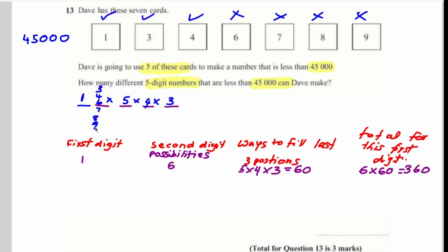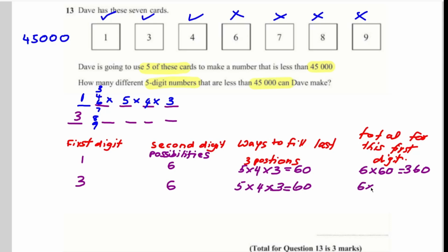Next digit, let's get the next one as 3. Same way, if I get 3, there are 6 possibilities here. Same way, 5, 4, 3, 60 again.